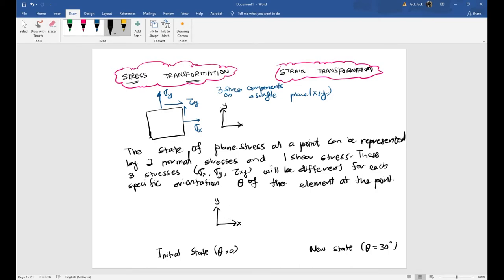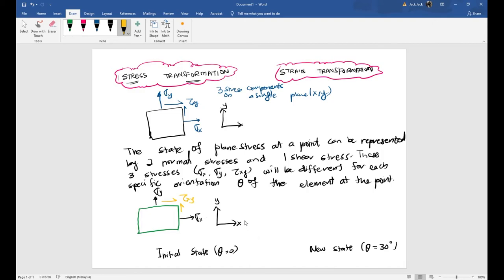That means the orientation of the element can be drawn like this. This is your element, your small xy plane element. On this element you have sigma x, and then sigma y, and at the same time we have shear stress, only one shear stress, tau xy.